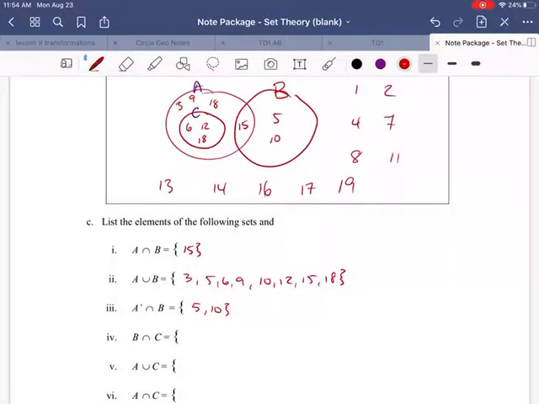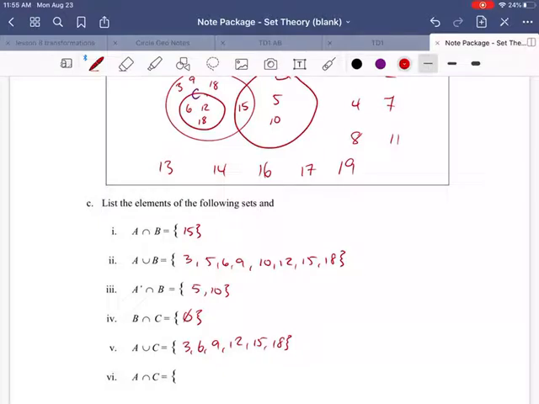All right, and we've got B intersecting with C, and that, my friends, is an empty set. There's nothing that's intersecting B and C. All right, A union C, well, because C is a subset of A, it's just the same as set A. So 3, 6, 9, 12, 15, and 18.